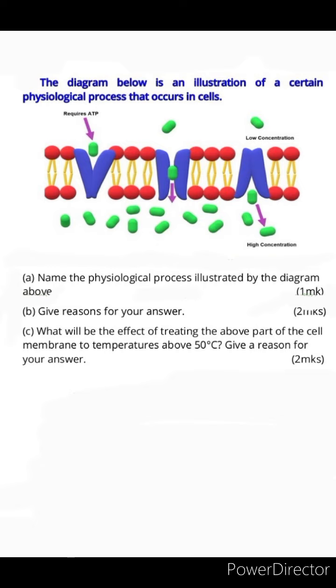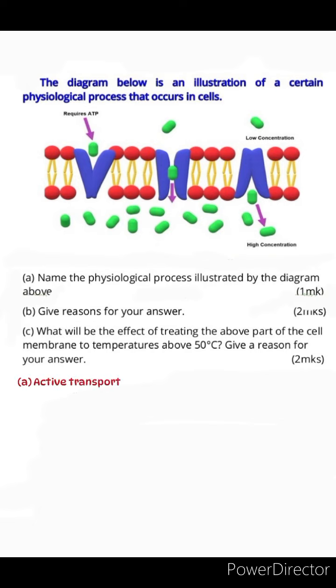Because in the case of diffusion as well as osmosis, we are having molecules or particles moving from a region of high concentration to a region of low concentration. Whatever is happening in this diagram is the reverse. Particles are moving from a region of low concentration to a region of high concentration. And that, ladies and gentlemen, can only be active transport.